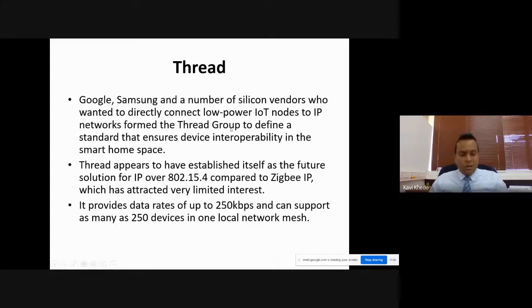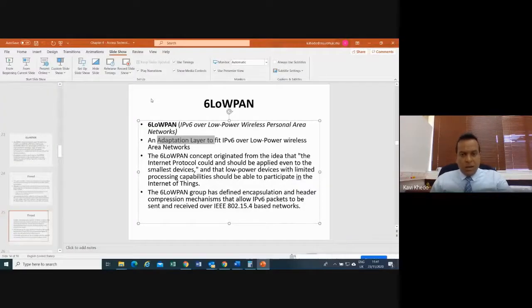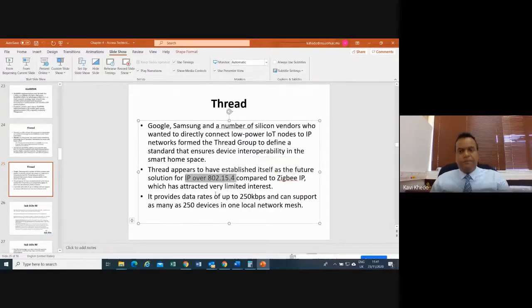You see here, I highlighted this: IP over 802.15.4, compared to ZigBee IP, which has not got lots of popularity. Instead, this technology is getting lots of popularity. That is Thread, that is IP over IEEE 802.15.4.